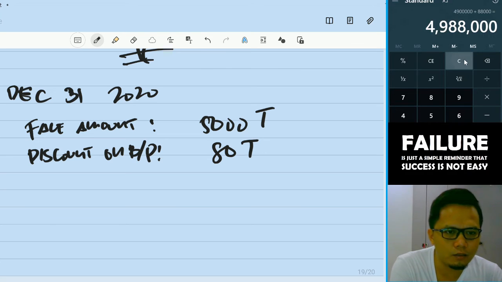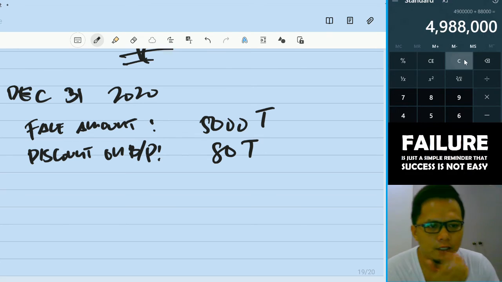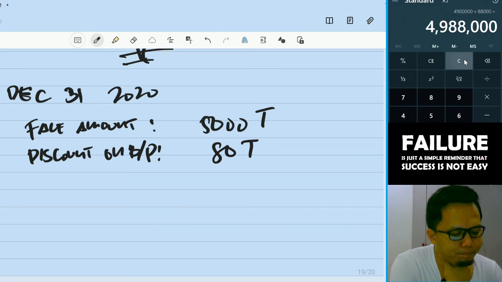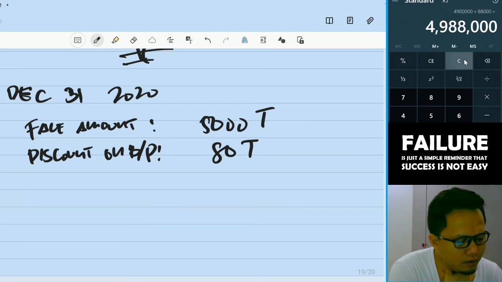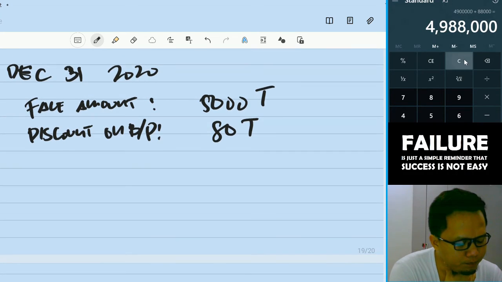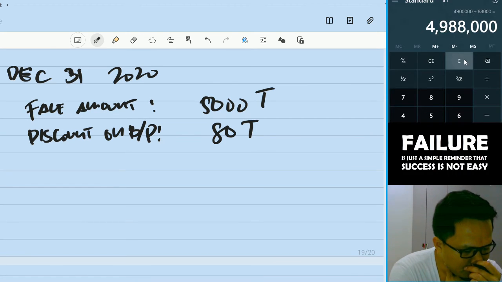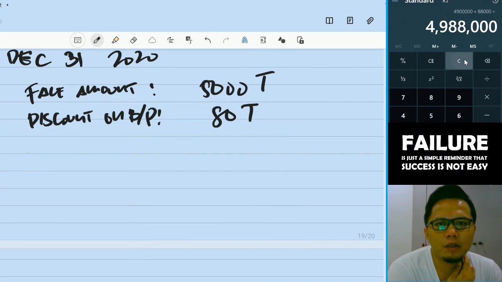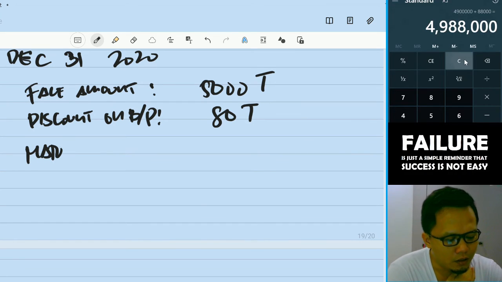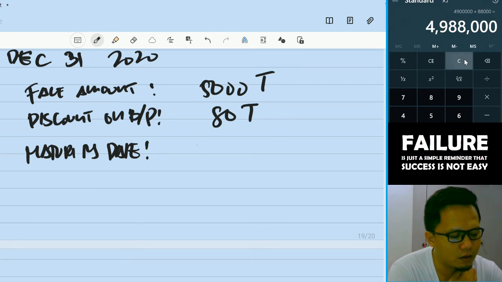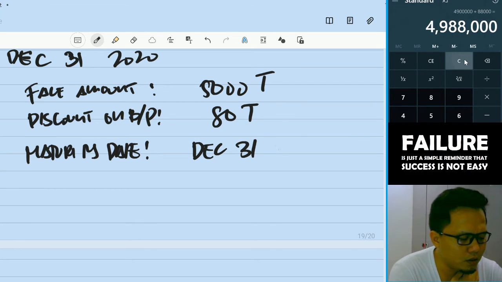This is another example. This particular convertible bond has a maturity date of December 31, 2022.